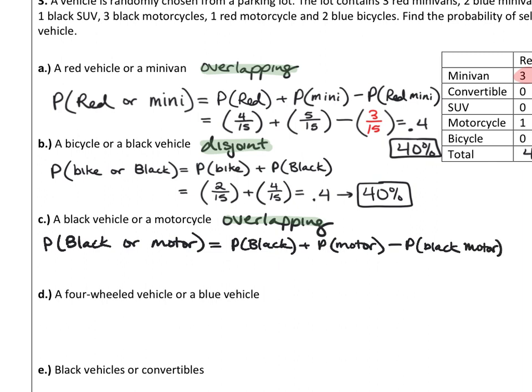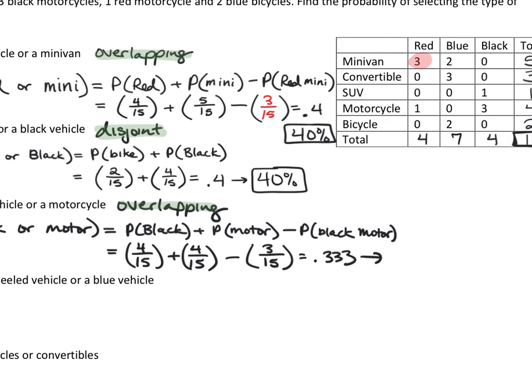So looking at my table, that is 4 black vehicles out of 15 plus 4 motorcycles out of 15, minus the 3 black motorcycles out of 15. 4 out of 15 plus 4 out of 15 minus 3 out of 15 should get you 0.333, or more accurately, 33.3%.